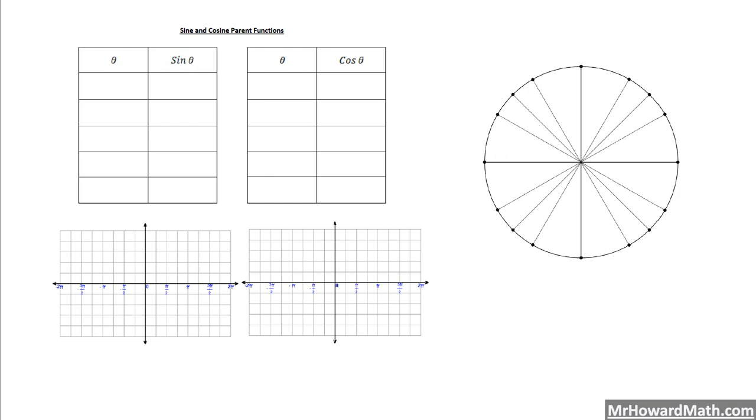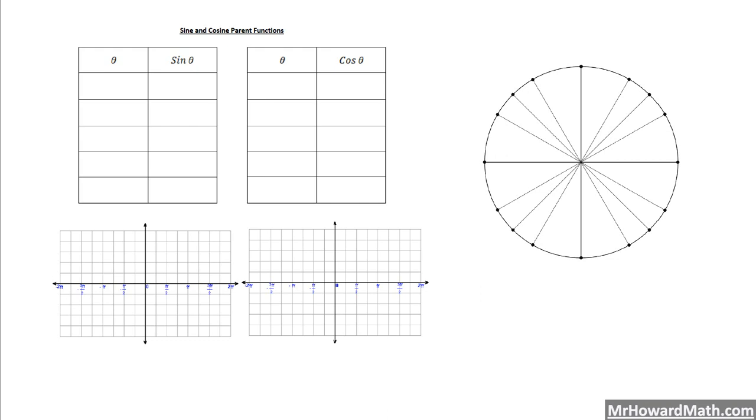In this video, we will be graphing the sine and cosine parent functions, and this is our first start with graphing sine and cosine. And all of the remaining graphing that we will do, we will compare these additional graphs to this sine and cosine parent function.